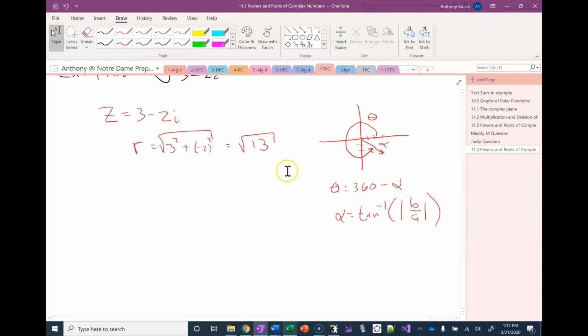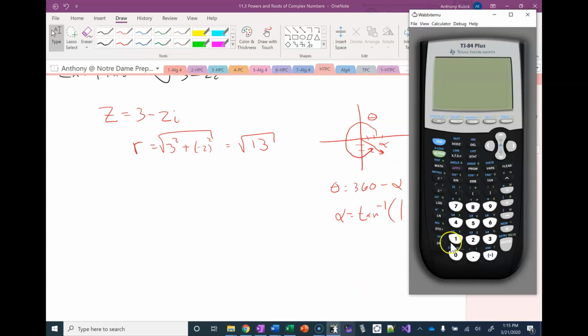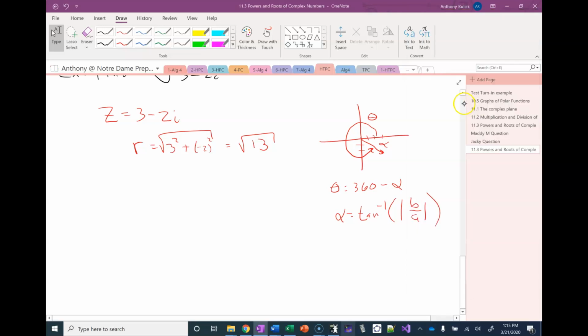So when I type this into my calculator, I'm just going to do the absolute value in my head to give me tan inverse of 2/3. That gives me 33.69 degrees, approximately.